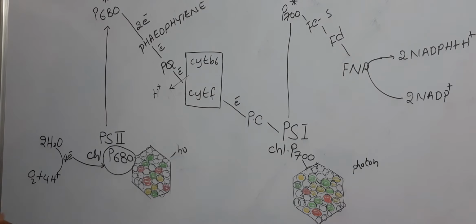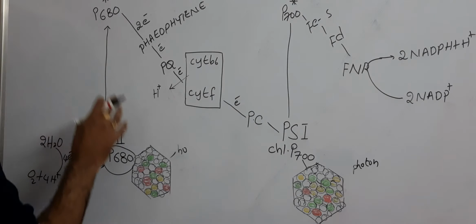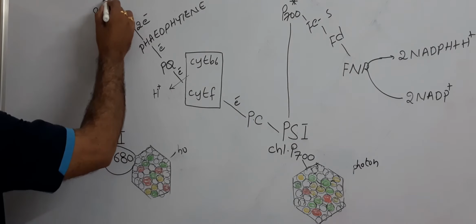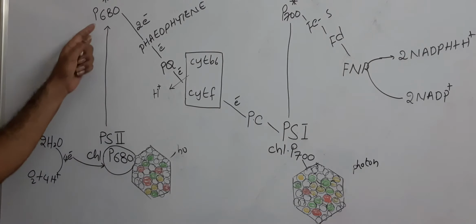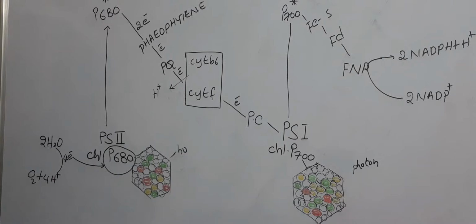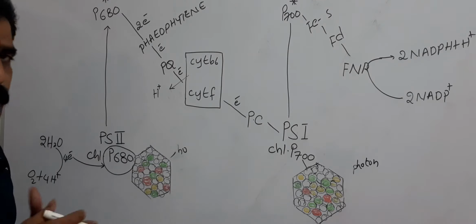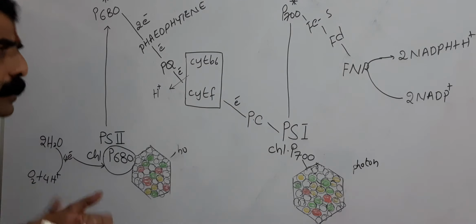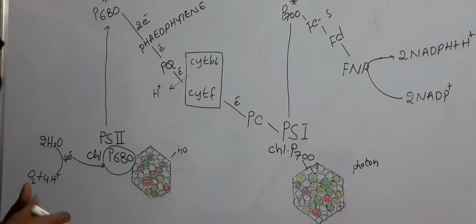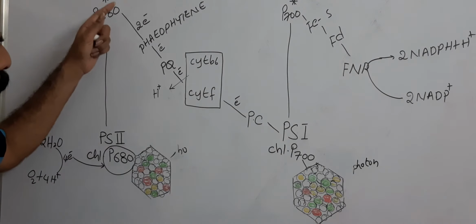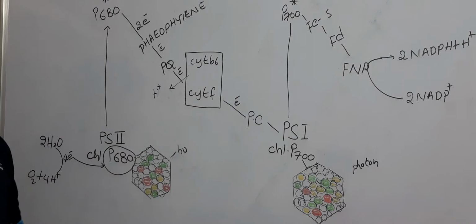In that excited state, the electrons jump into an orbit which is farther from the atomic nucleus. In that excited state, the reaction center is denoted with a star mark above it, like P680*. Now, in that excited state, two electrons jump into the outer orbit. From there, an electron carrier picks up those electrons. Actually, an electron transport chain is present.